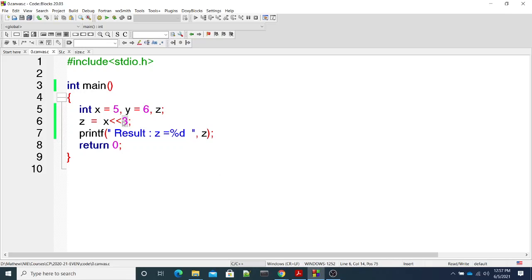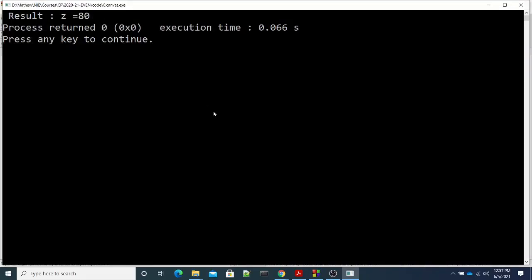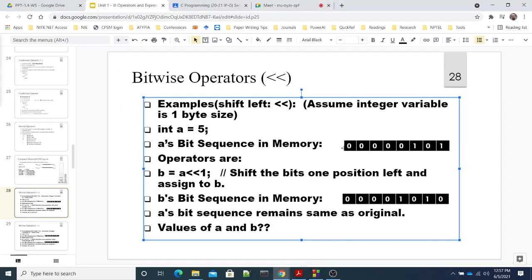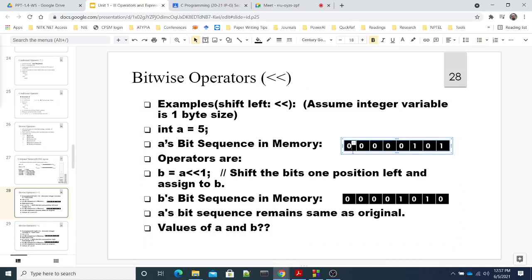Yes, 80? Yes. That is happening because every time, from my left side a 0 is getting pushed out. That is why I am getting the doubling effect. Suppose in the bit sequence I had a 1 here.